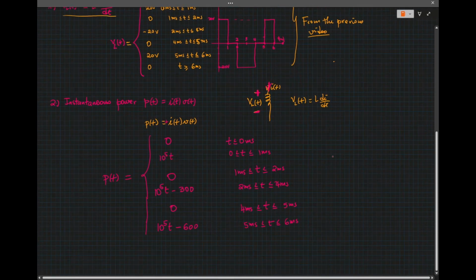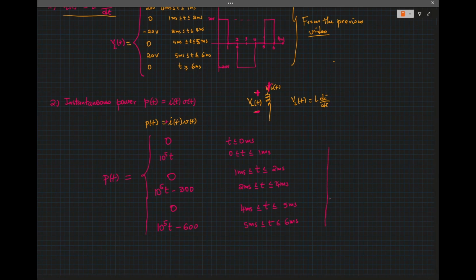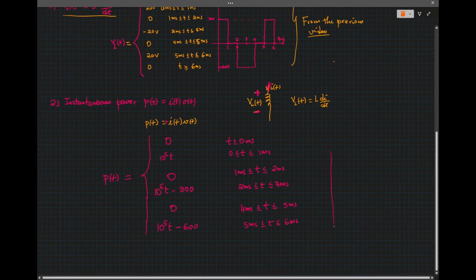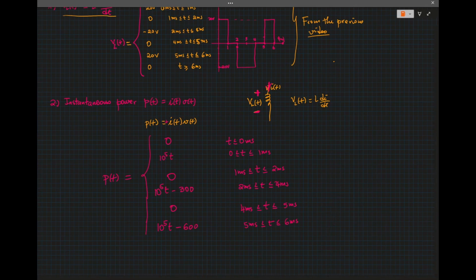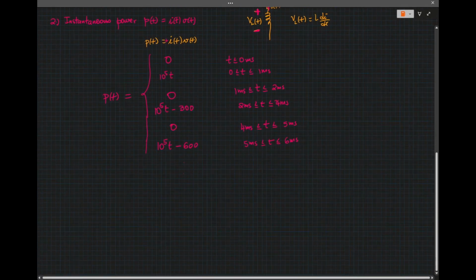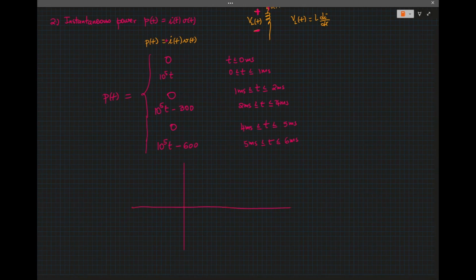So we can sketch it. When I sketch the power, let me sketch it down here. T here, obviously in milliseconds.